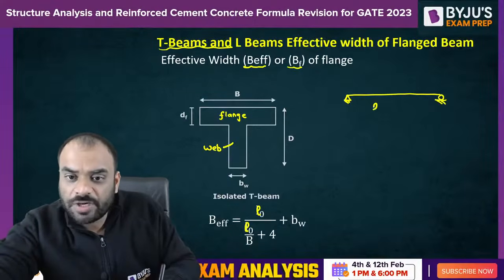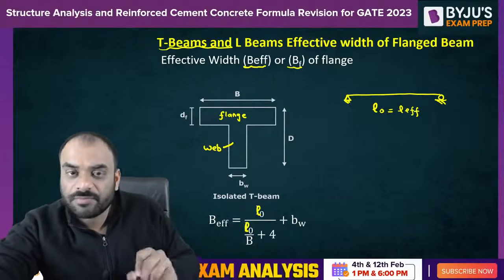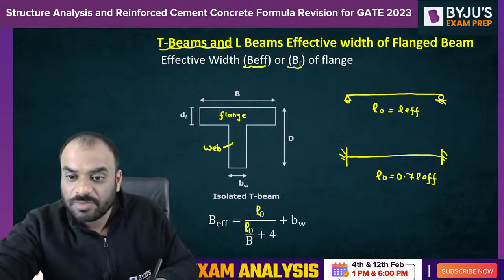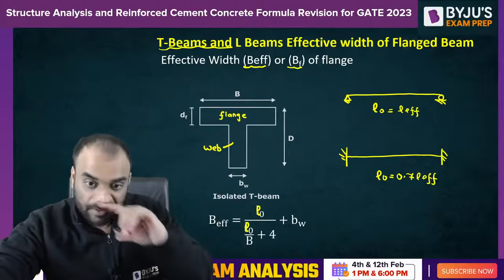So for a simply supported beam, L0 is equal to L effective, right? But let us suppose you have a fixed beam or continuous beam. So for a fixed beam, the value of L0 will become 0.7 times L effective. Please remember this condition also, right?